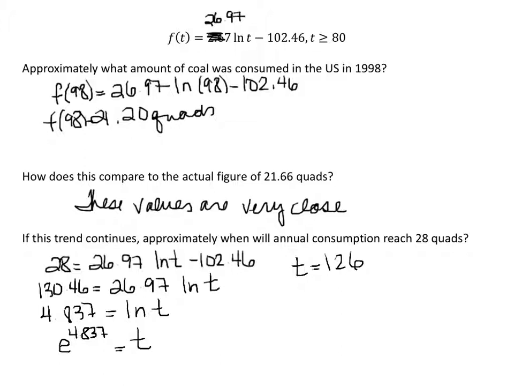That's 126 years after 1900. So if we have 1900 plus 126 years, we're looking at the year 2026. So the answer is approximately the year 2026.